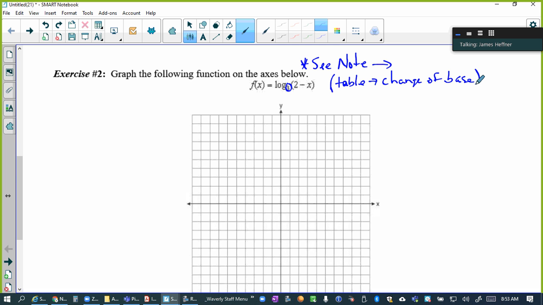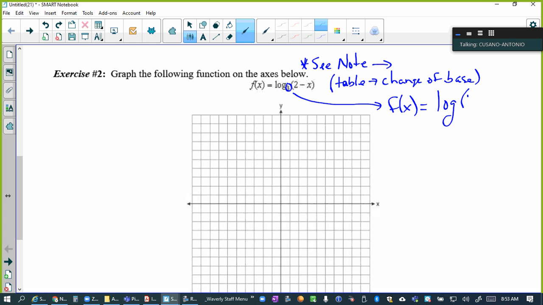So let's go to our calculator, and it's log base 3. So what would this be as change of base? Let's take this and use that change of base formula. Log of what? Based on that formula I gave you.